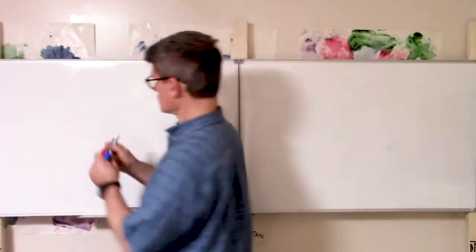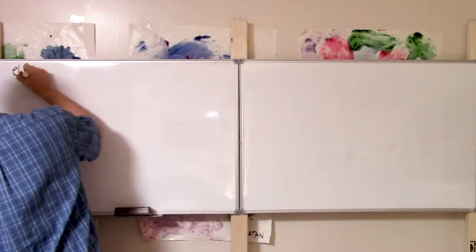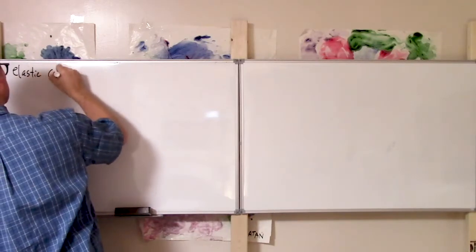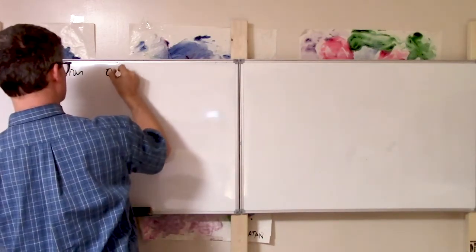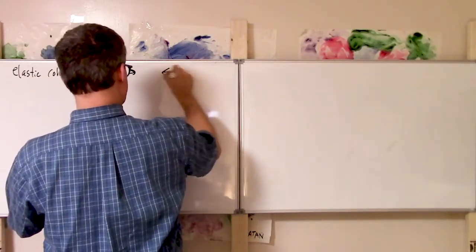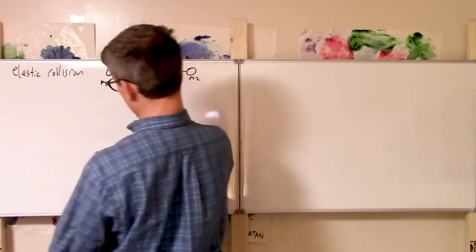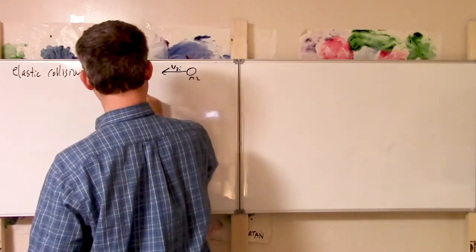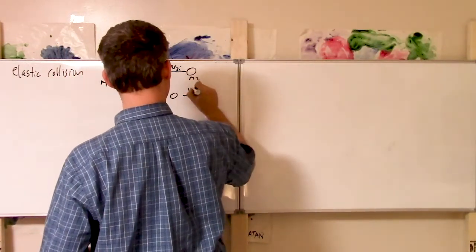Let me consolidate all the information here. For an elastic collision, we have M1 V1 initial colliding with M2 going at V2 initial, and then afterwards they rebound. So there's V1 final, and then there's V2 final.